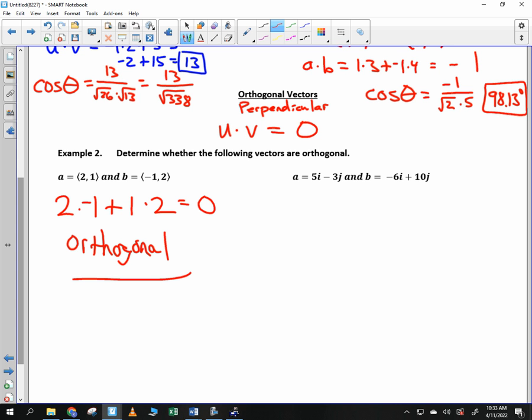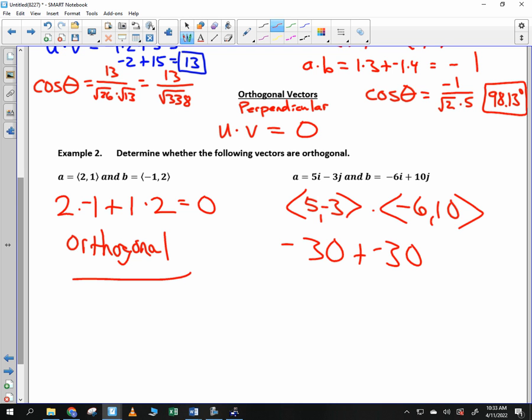It had to do with 90-degree formations as well. This one, notice it's 5, -3, and then it's -6, 10. So I'm going to dot product that. I get 5 times -6 is -30, and I add to that -30. Does that make 0? No, it does not. It makes -60. So it is not orthogonal.